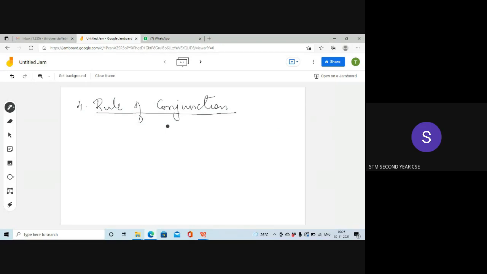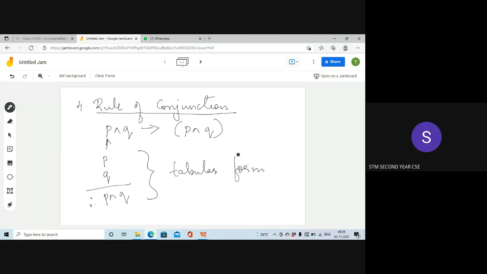Write down below that, it is given by the logical implication, P and Q implies P and Q. So if we have one premise P and another premise Q, then you can conclude P and Q. This is the implication form. Then there is the tabular form: if you have two arguments, one is P and another is Q, then you can conclude P and Q. In tabular form, you can write it as P, Q, therefore P and Q.